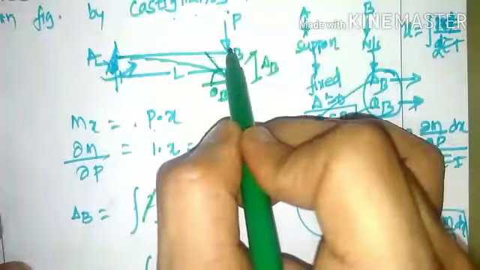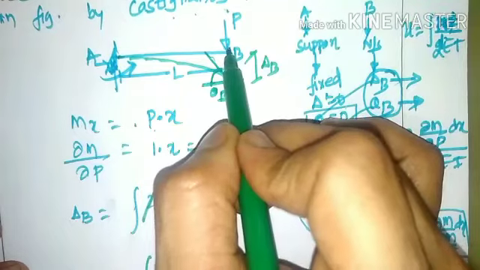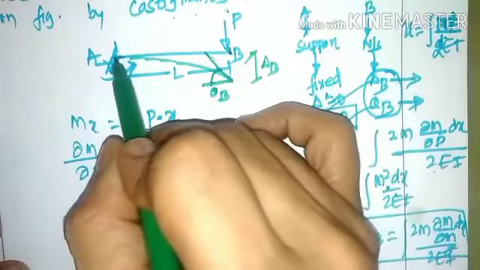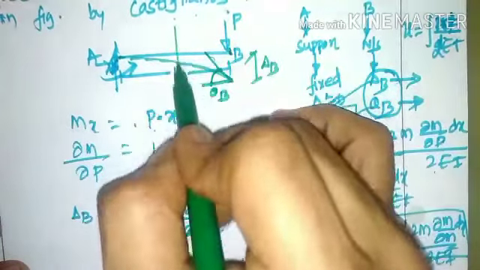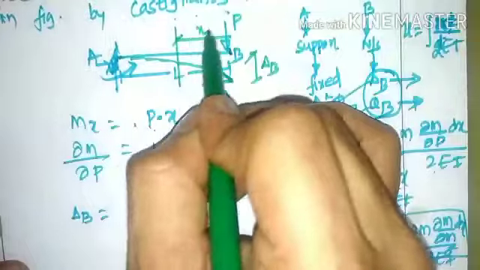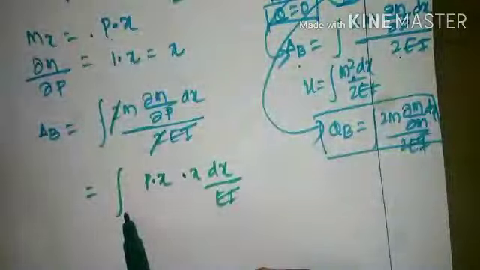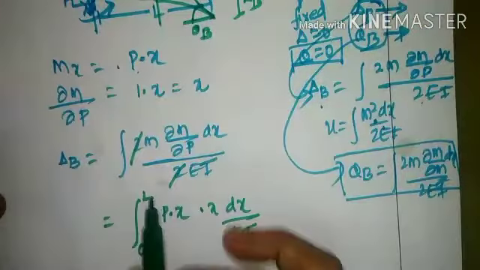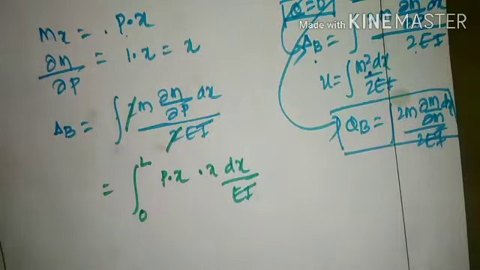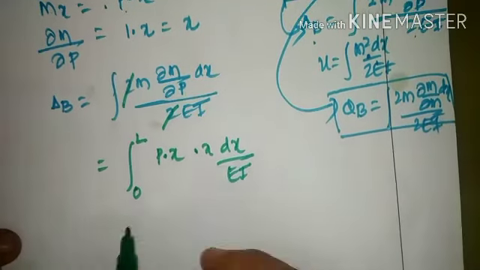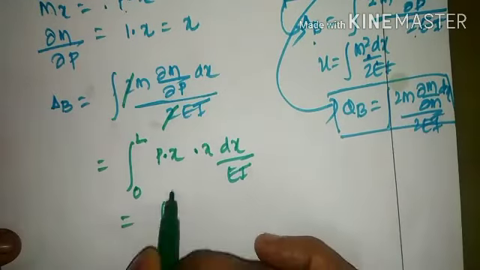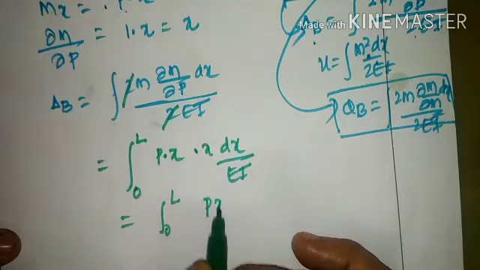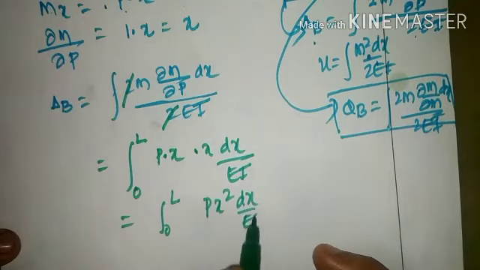I have started x from point B and terminated at point A. At any distance x, I shall mention it here. So the limits of x will be: when it originated from point B, the x value is 0, and when it terminated at point A, the upper limit of x will be L. So the limits of x will be 0 to L. So the integration will be 0 to L P x squared dx divided by EI.